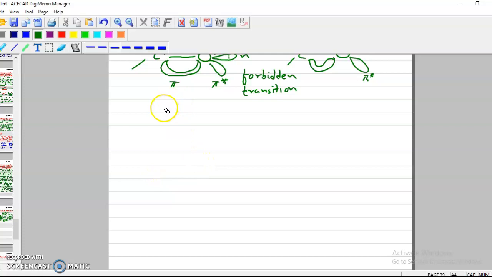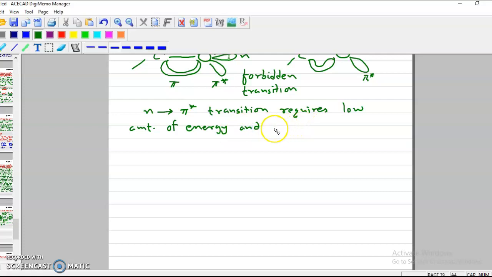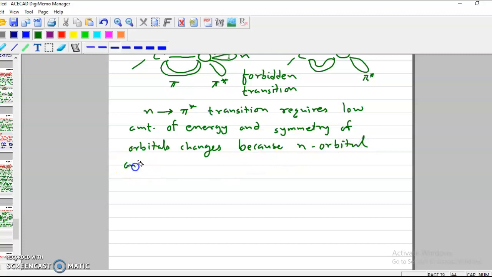Now, this type of transition, n to pi star transition, requires a low amount of energy and the symmetry of orbitals changes, because the n orbital and pi star orbital are not on the same axis.